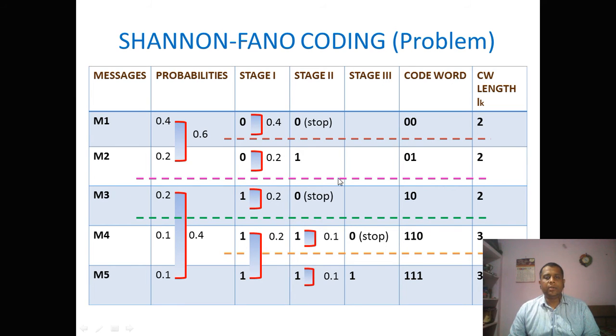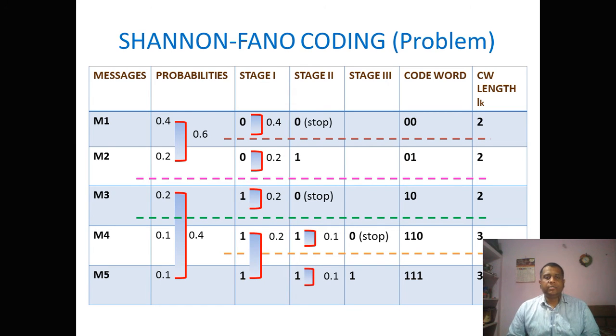A pink dotted line is drawn and a partition is made where equal probability is taken. Here, the first subset has a probability of 0.6 and the lower subset has a probability of 0.4, which is more or less equiprobable.